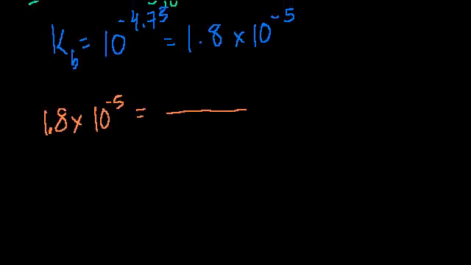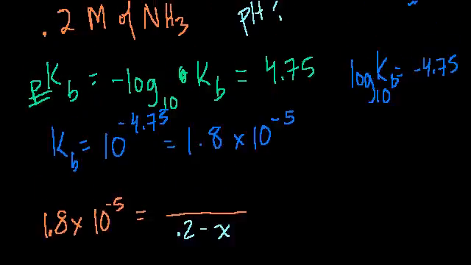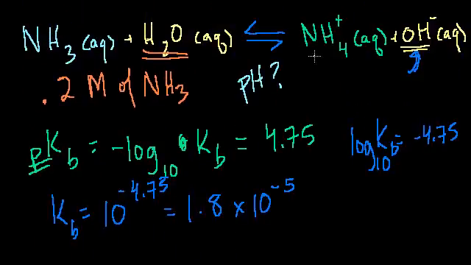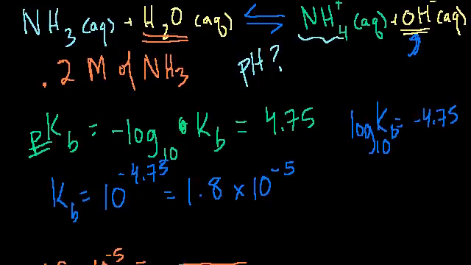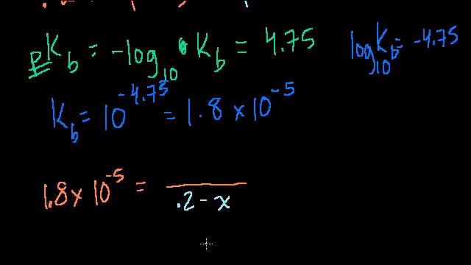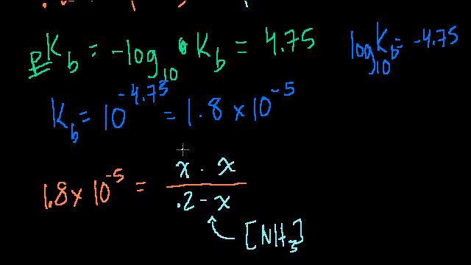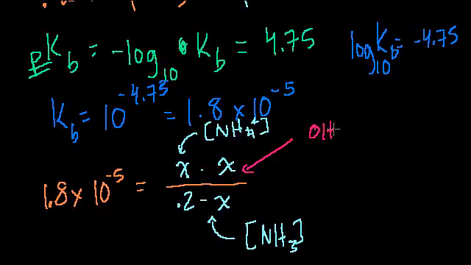So in the denominator, we're going to have 0.2 minus X. And in the numerator, we're going to have X of NH4 plus and X of OH minus. So this is the concentration of ammonia, and then we have X times X: the concentration of NH4 plus and the concentration of OH minus.